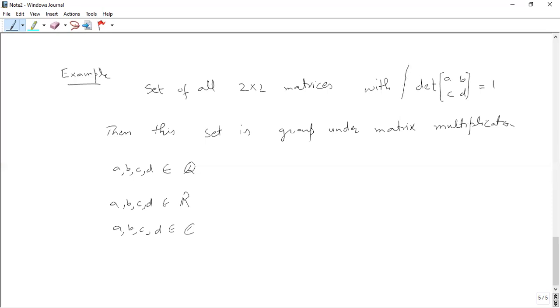If we take this condition, then clearly the collection of all such 2 cross 2 matrices is a group under multiplication, but of course this is a non-abelian group.